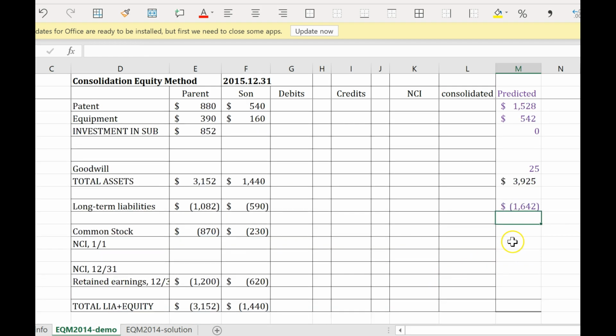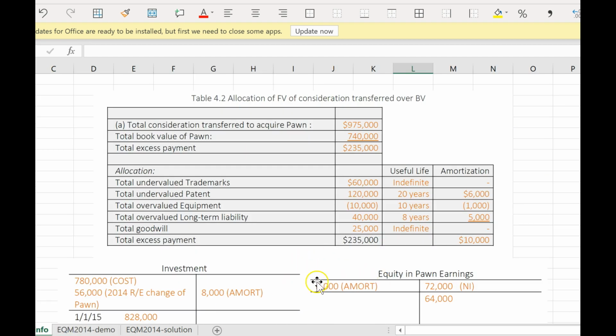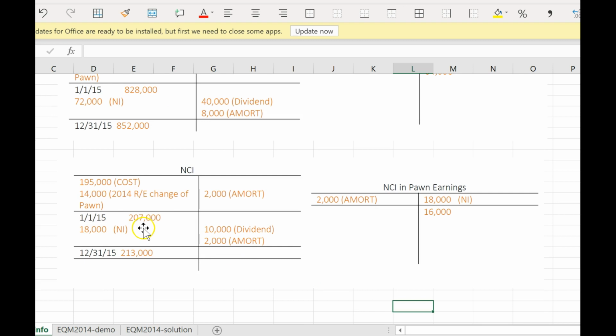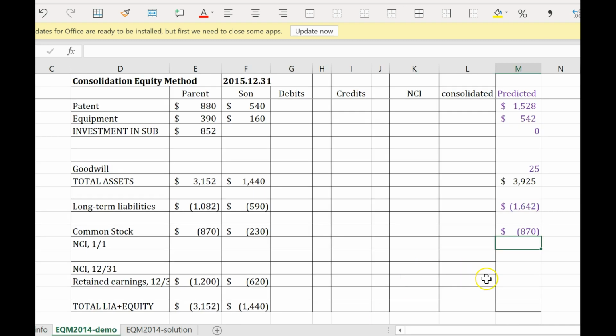Common stock, only the parent's. NCI at the beginning, it is from my T account. I can see NCI at the beginning 207, NCI at the end 213, right? I'm only going to report NCI at the end, so that's 213.